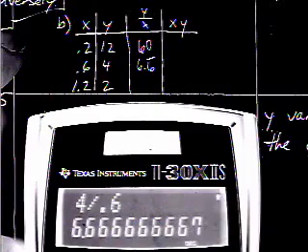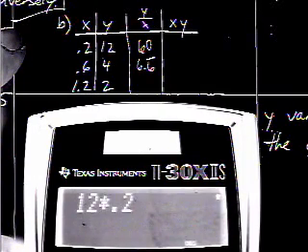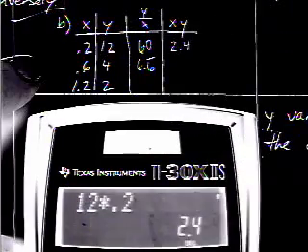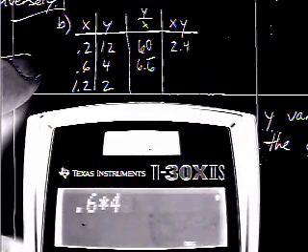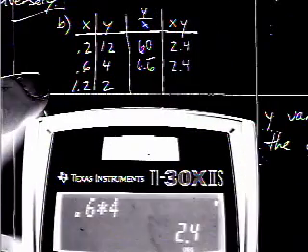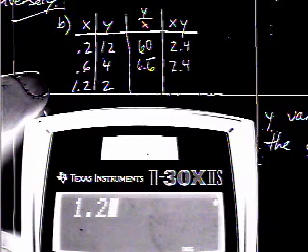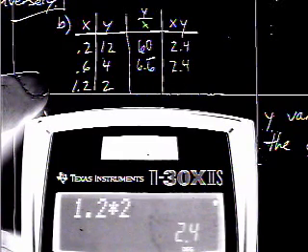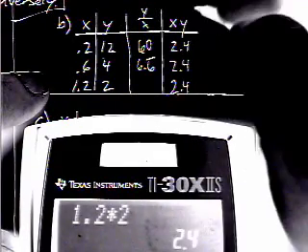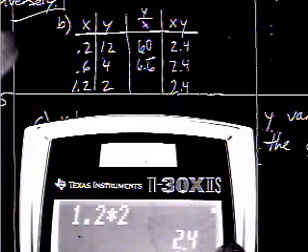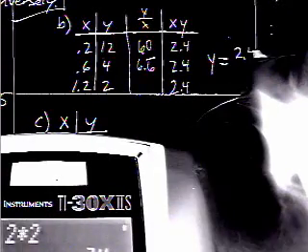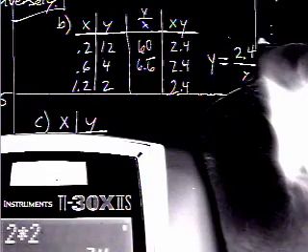So I'm going to go to the next column. 12 times 0.2 is 2.4. 0.6 times 4 is 2.4. Okay, this is looking promising. Never just go on two numbers. You must go through the entire table. 2.4. Okay, so I'm concluding that this is inverse variation this time. And the equation that we're dealing with is y equals 2.4 over x.